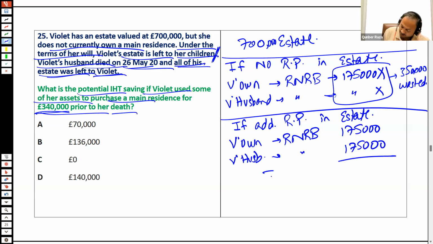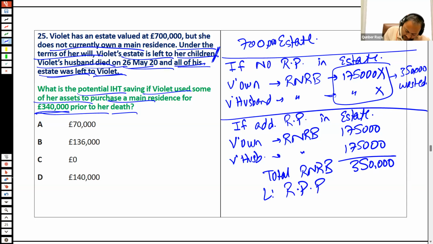As a result, the total RNRB you are eligible for would be 350. We are talking about residential property, right?